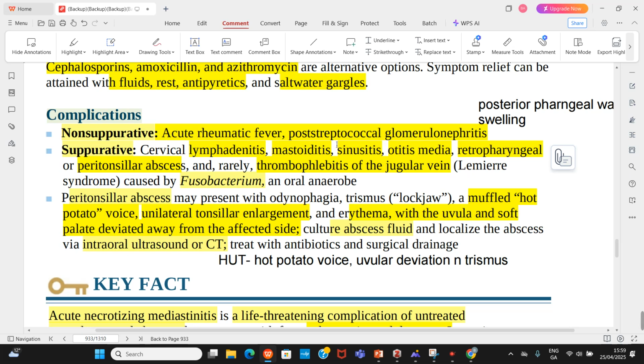It cannot protect against post-streptococcal glomerulonephritis. If it will happen, it will happen. And most of the time, post-streptococcal glomerulonephritis occurs if the person has a skin lesion, like impetigo. When we talked about it in dermatology, you remember, it doesn't typically follow the throat infection, but follows more of the skin one.